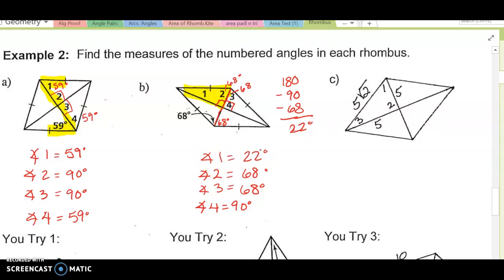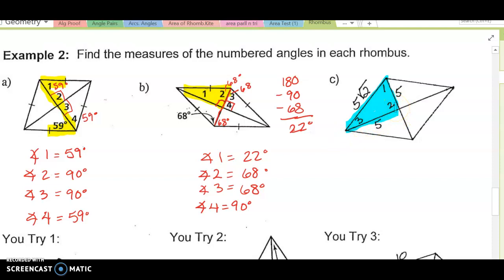All right, on this last one, with these hand-drawn pictures, what I was wanting you to see is that angles 1, 2, and 3 are on the inside of this blue triangle here. 5, 5, and 5 square root 2 are supposed to be the side lengths of this triangle. Now this triangle is obviously not drawn to scale, because that 5 is way shorter than that 5.